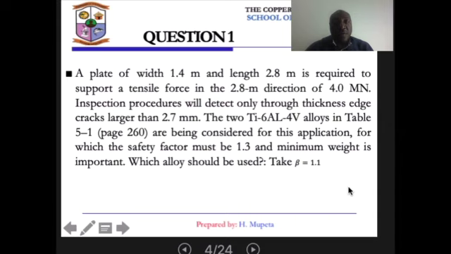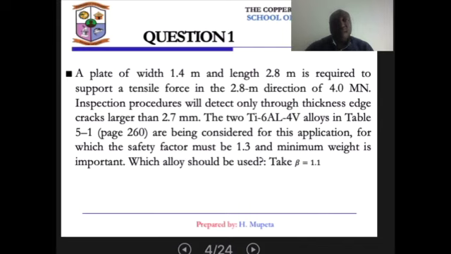The factor of safety must be 1.3, and the minimum weight is very important. The question is which alloy should be used, and you have to take the stress intensity modification factor beta to be equal to 1.1.